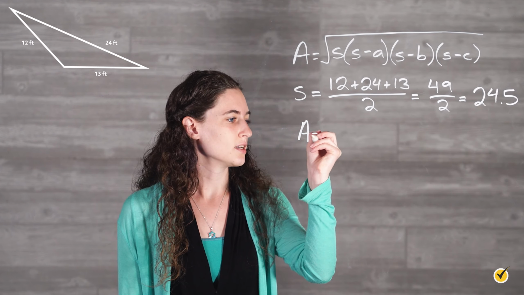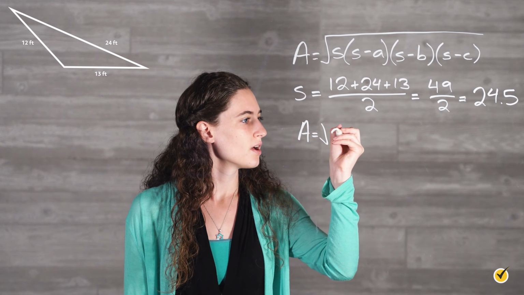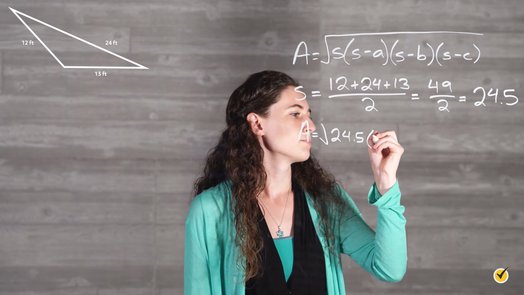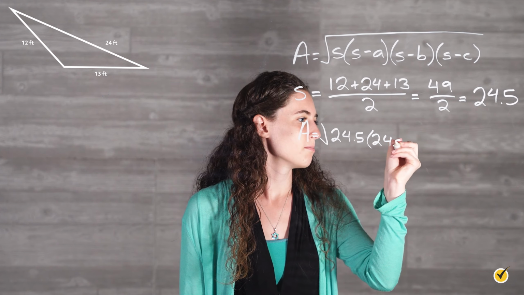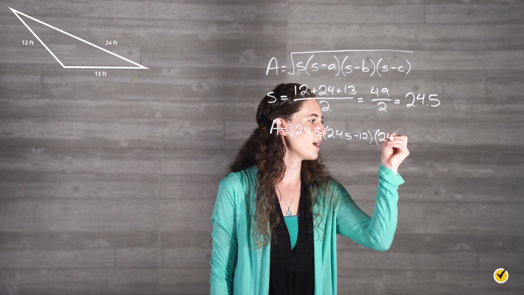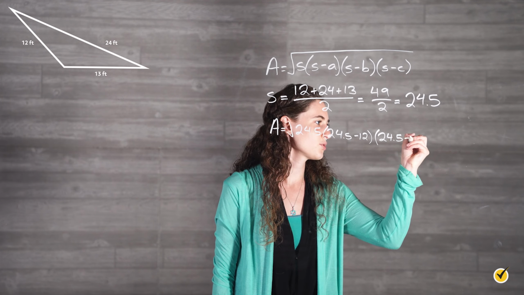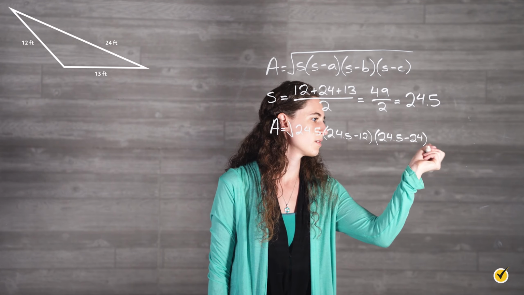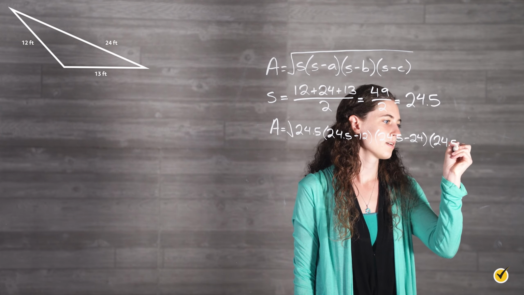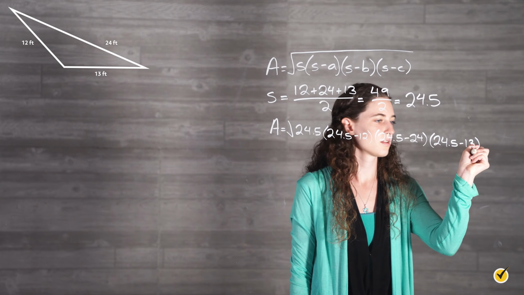Area is equal to the square root of 24.5 times 24.5 minus 12 times 24.5 minus 24 times 24.5 minus 13.